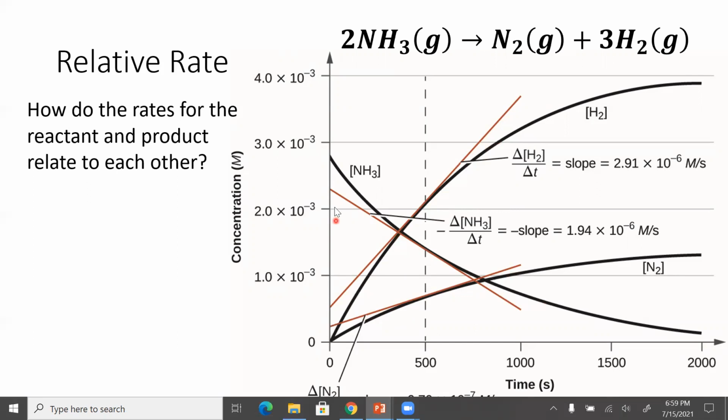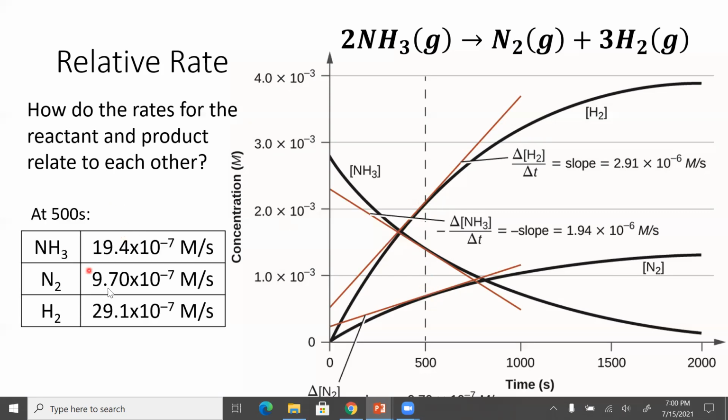If we came up with the instantaneous rate, let's say we were going to pick a time, so we pick 500 seconds, and we want to calculate the instantaneous rate of hydrogen and the instantaneous rate of ammonia and the instantaneous rate of nitrogen, we would get these values here.